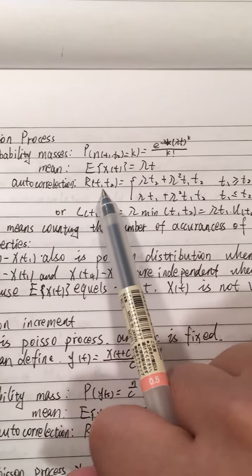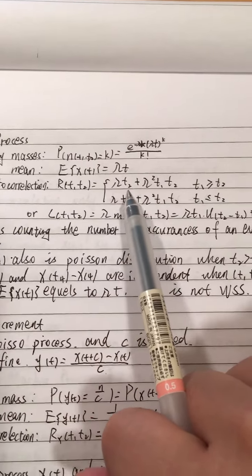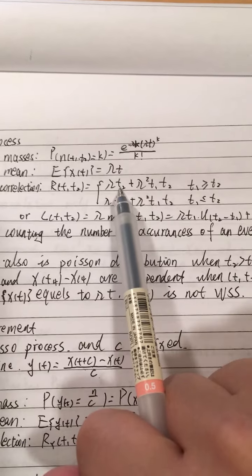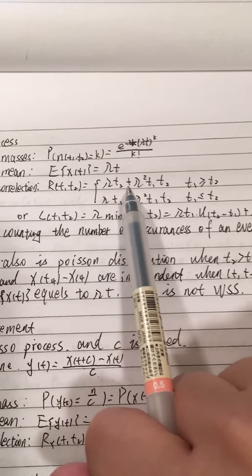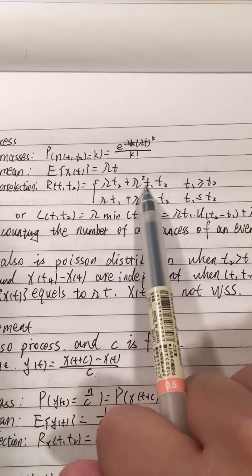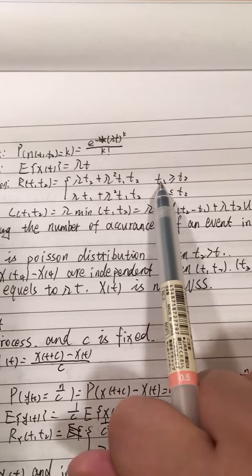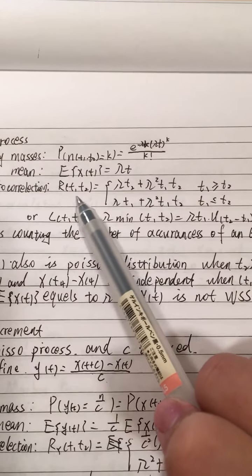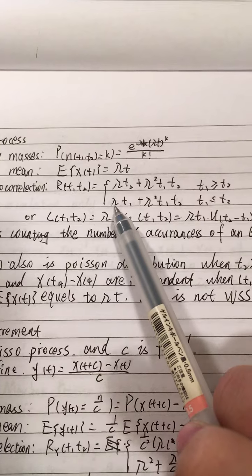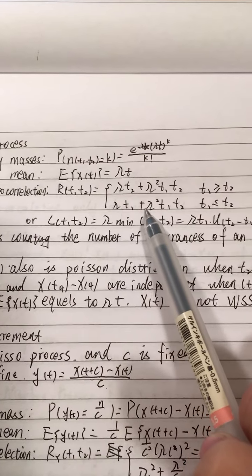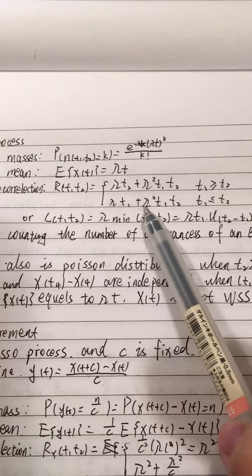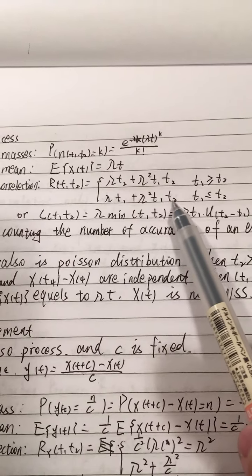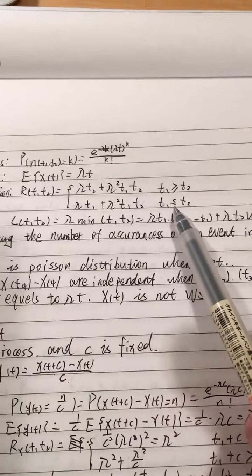correlation is R(t1, t2) equals lambda t2 plus lambda squared multiplied by t1 multiplied by t2 when t1 is greater than or equal to t2, and R(t1, t2) equals lambda multiplied by t1 plus lambda squared multiplied by t1 multiplied by t2 when t1 is smaller than or equal to t2.